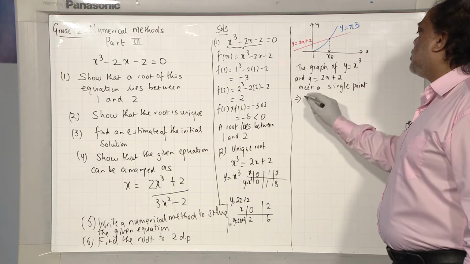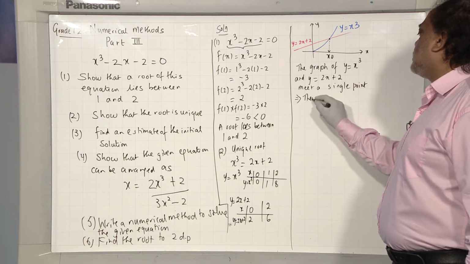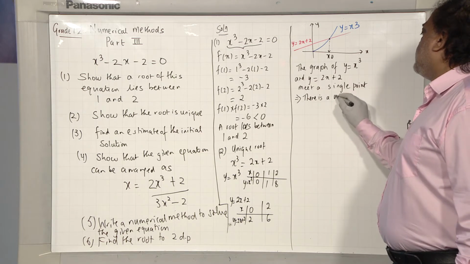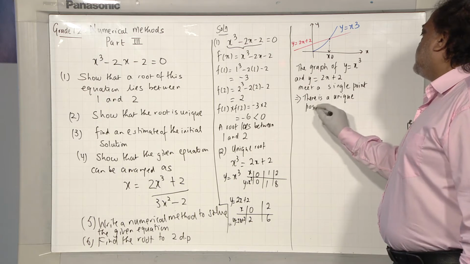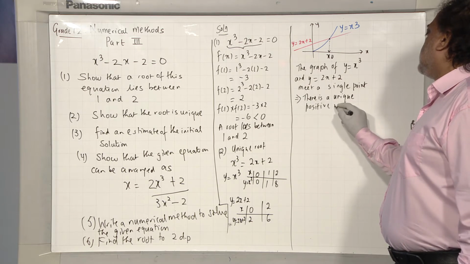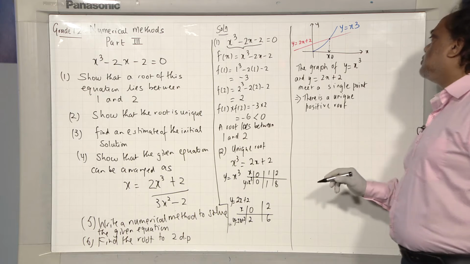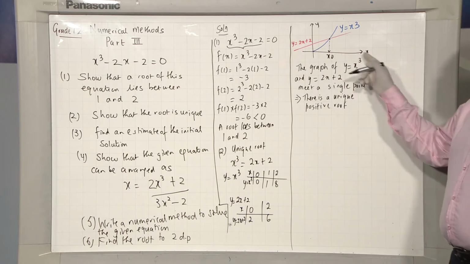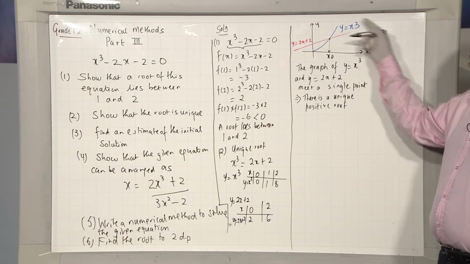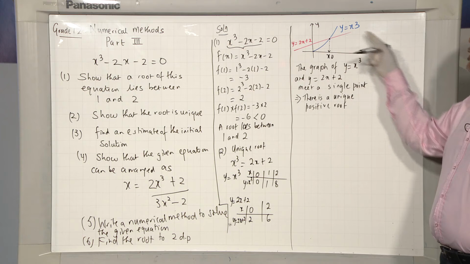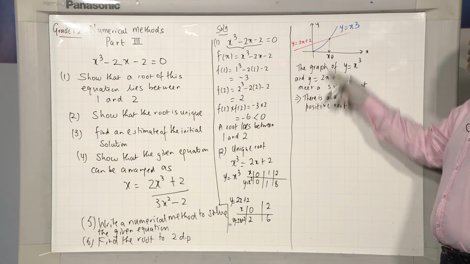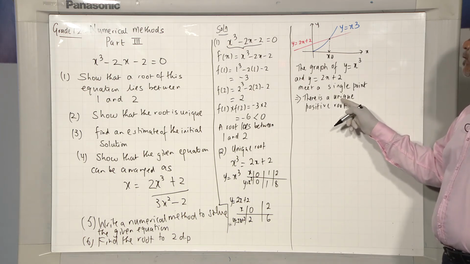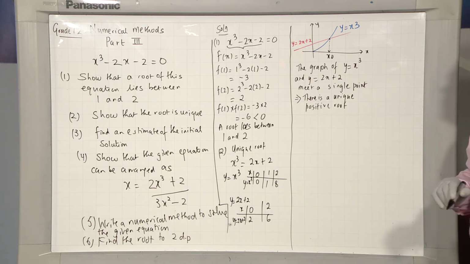Hence, we conclude that there is a unique positive root. x is positive. In this region, when x is positive, the curve and the line will meet only at one point. Therefore, the root is a unique positive root.